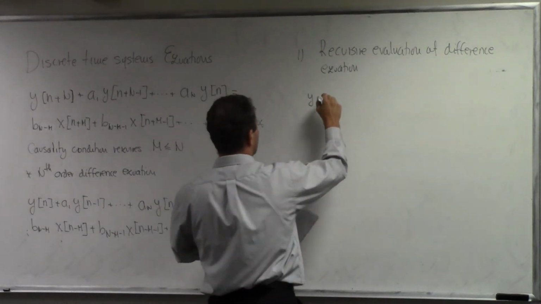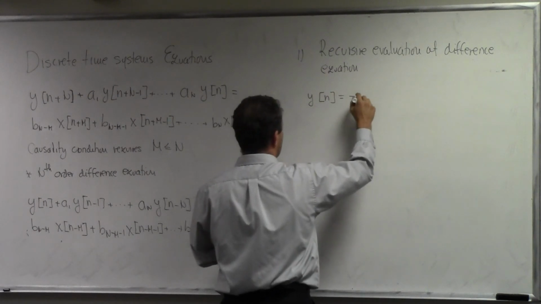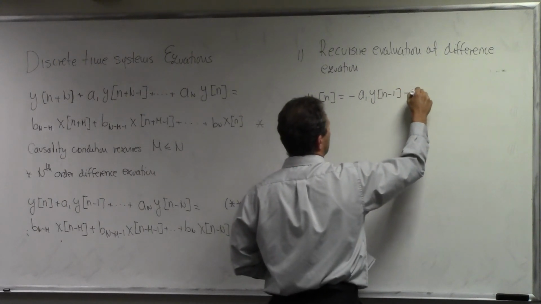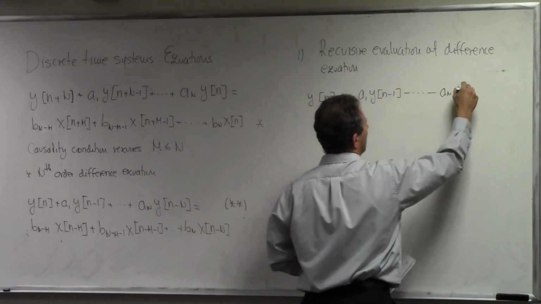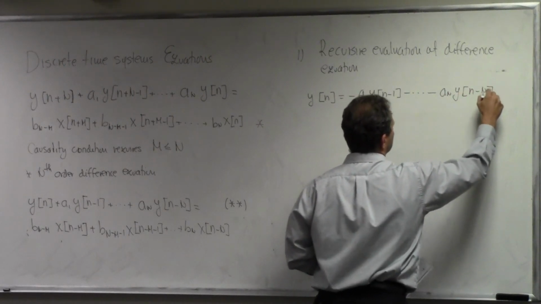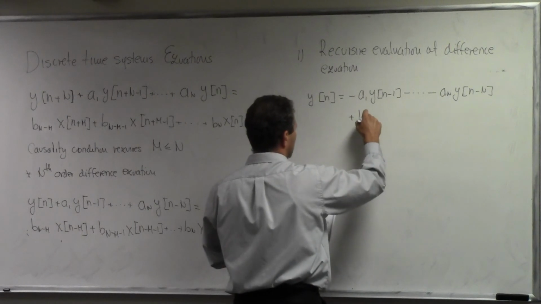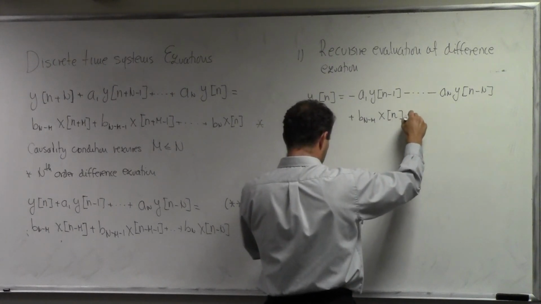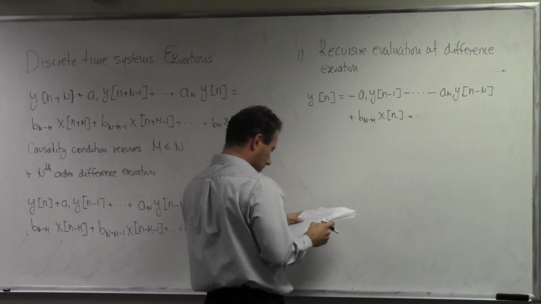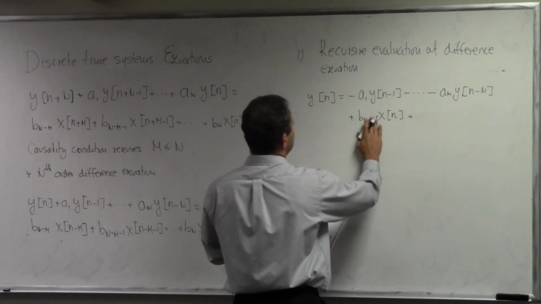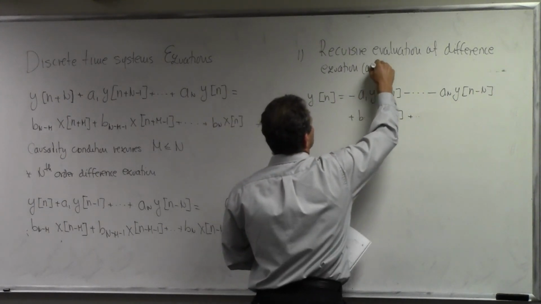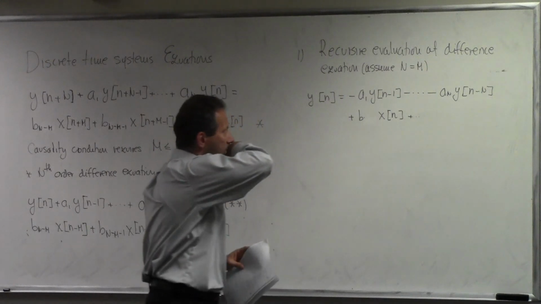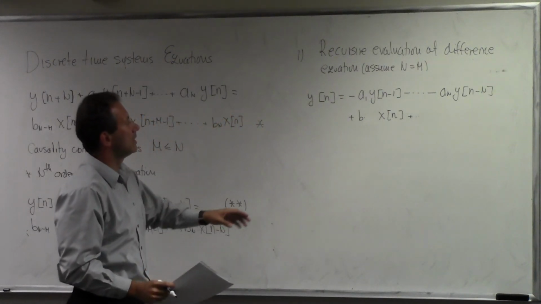I rewrite it in the following form. y of n is equal to minus a1 y of n minus 1 minus and so on minus an y of n minus N, plus b_{N-M} x of n minus M. Let's assume M is equal to N, which is the limiting case of a causal system.